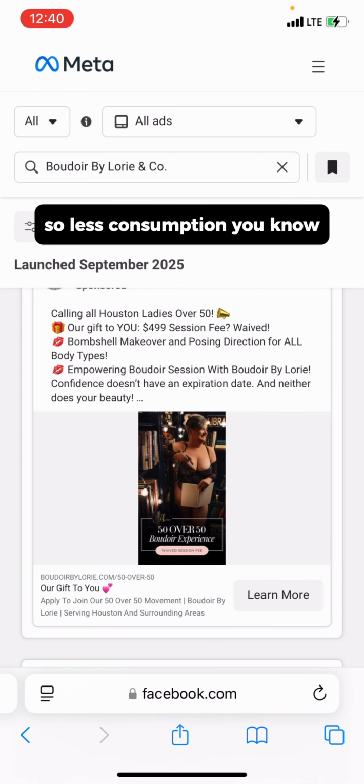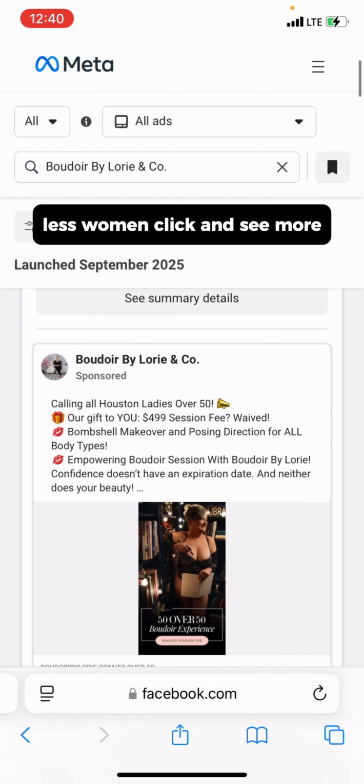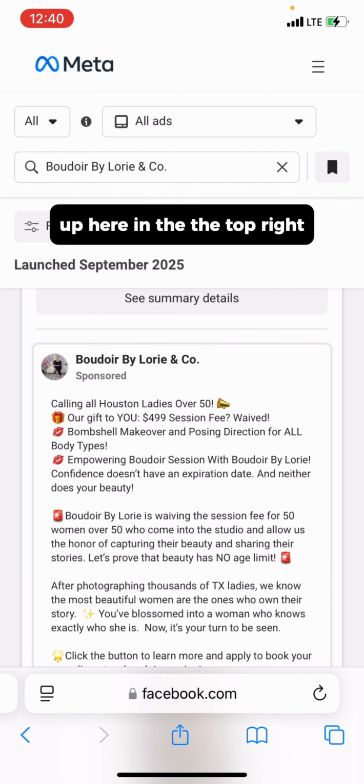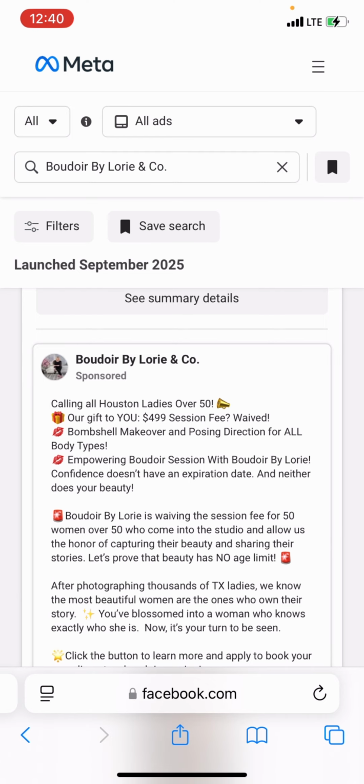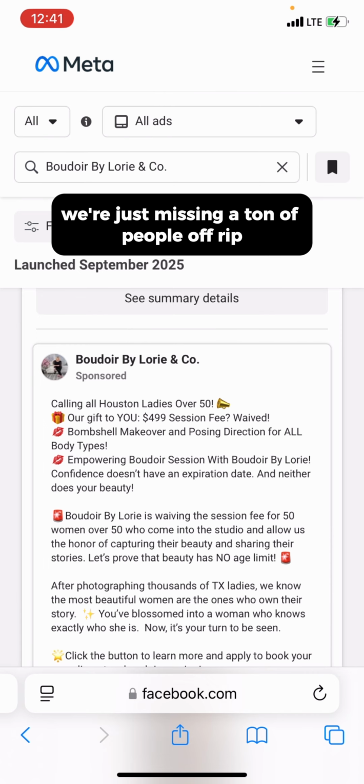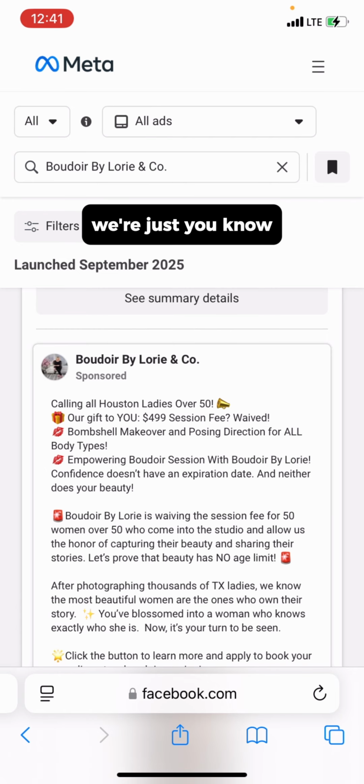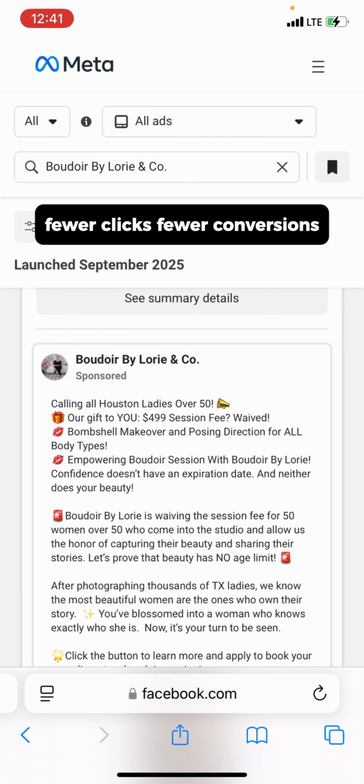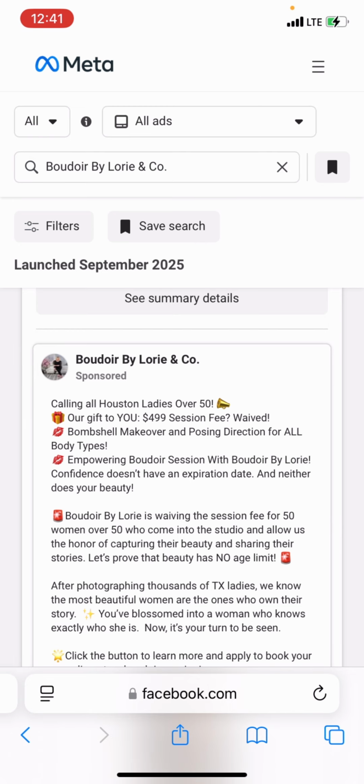So there's less consumption, fewer women clicking see more up here in the top right, 2 3/4 lines on mobile. We're missing a ton of people right off the bat: fewer clicks, fewer conversions, fewer quality leads, fewer quality calls.